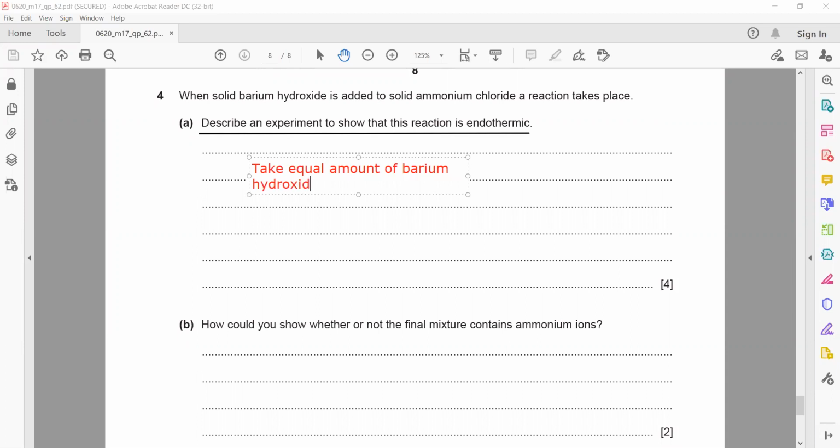Mix in a test tube and record the final temperature. Because if it's an endothermic reaction, it will absorb energy.